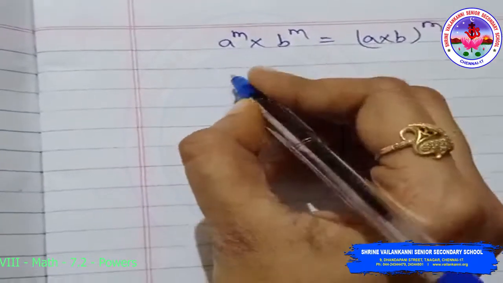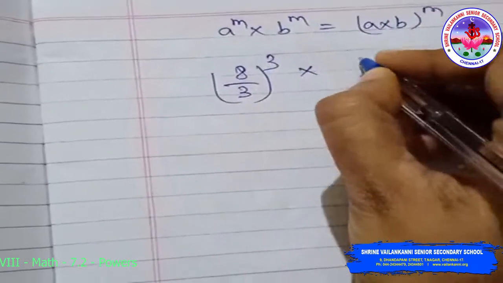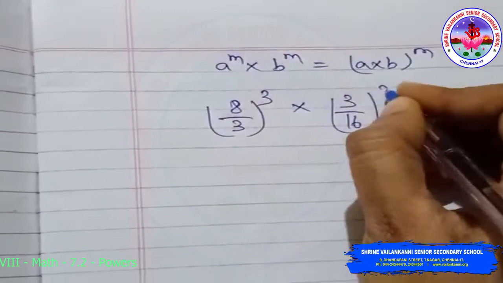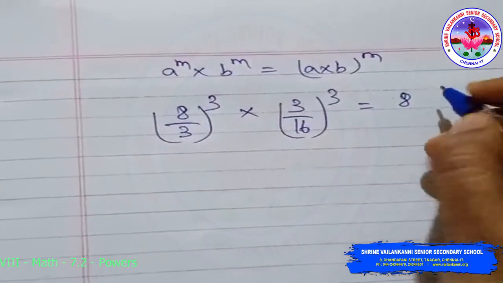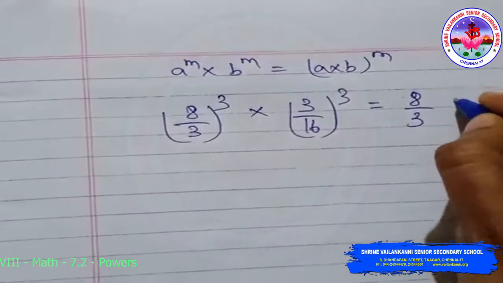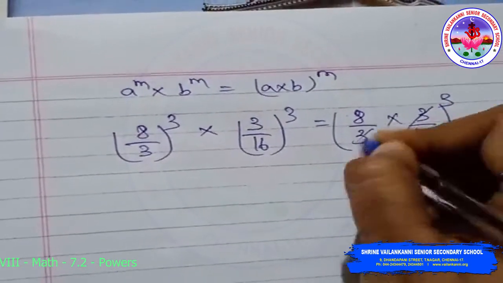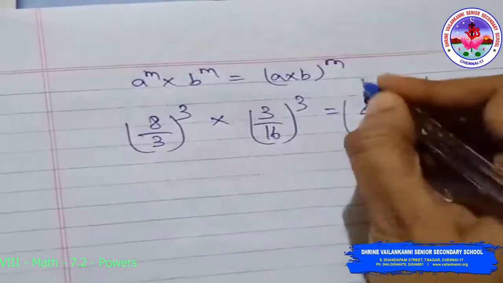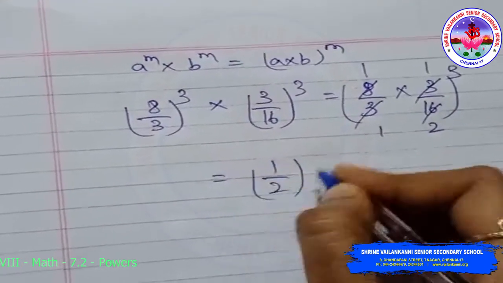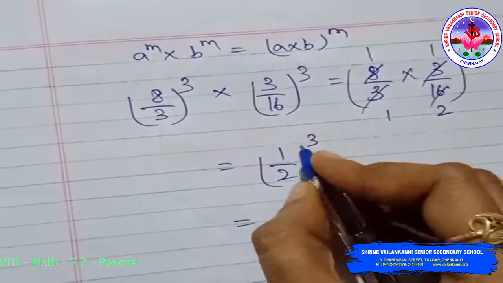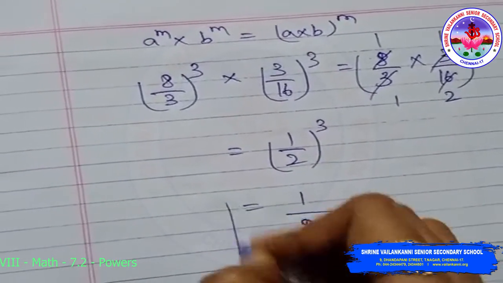Here a value is 8 by 3 whole power 3 into b value 3 by 16 whole power 3, which is equal to a into b, that is 8 by 3 into 3 by 16 whole power 3. Now 3 cancels 1 times, 8 one times is 2 times. Now the value is 1 by 2 whole cube. That is 1 cube is 1, 2 cube is 8. 1 by 8 is the answer.